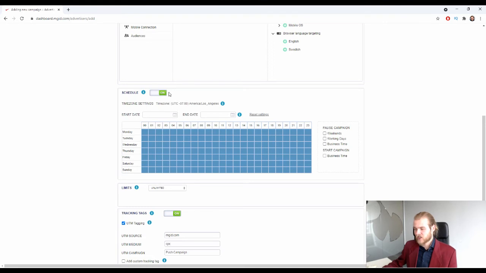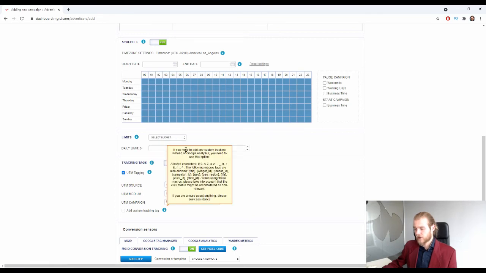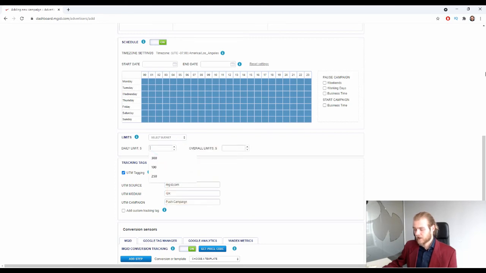So I'm going to turn the scheduling on, but I'm not going to touch it just yet because I need some more data. Limits. All right, so we can set our limits by clicks, by budgets, by conversions, or unlimited. I'm going to use the budgets one, and I'm gonna run $50 a day. You can also set an overall limit if you want, so that's basically your campaign budget, so feel free to use that as well.